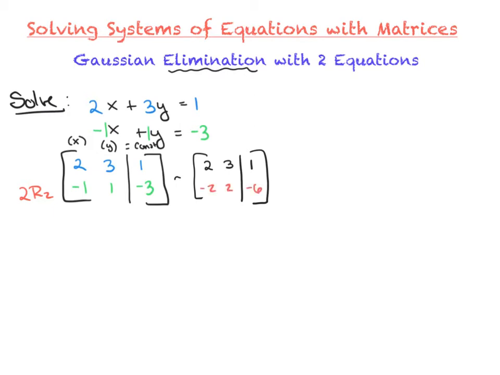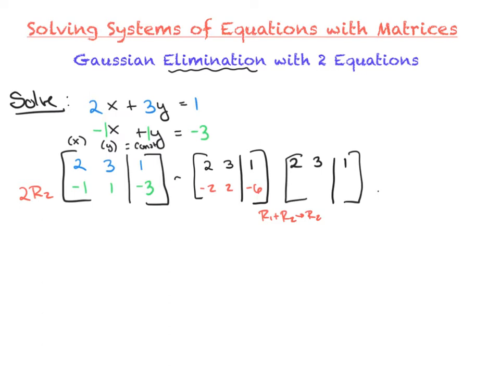Okay. Second thing we're going to do is we're going to take row 1 and add it to row 2, and we're going to store that result in row 2. So 2, 3, 1, we're not going to change our top row, but we are going to add the two rows together and store that result in row 2.